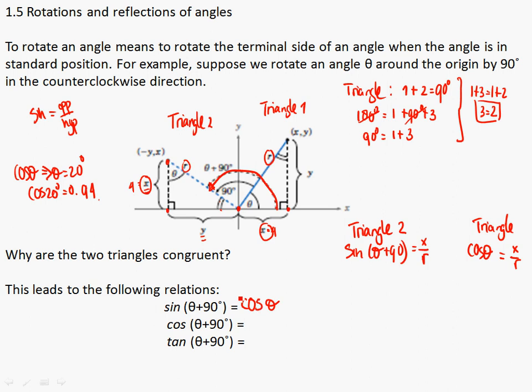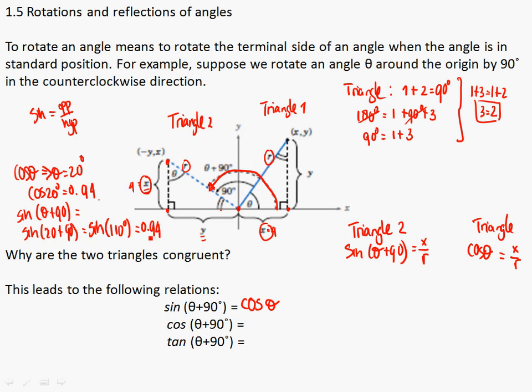If you know this is true, then you also know that the sine of theta plus 90 has to be the same value. So this becomes the sine of 20 plus 90. What's 20 plus 90? So the sine of 110 degrees will also be 0.94.